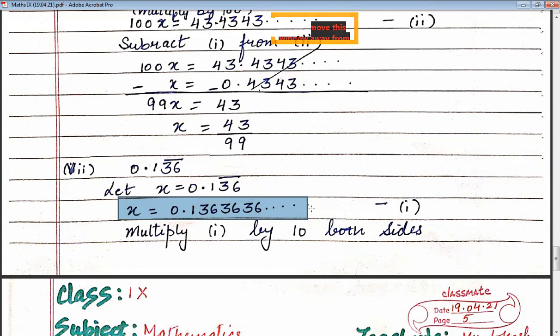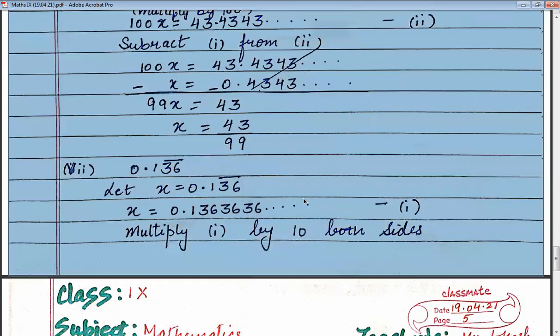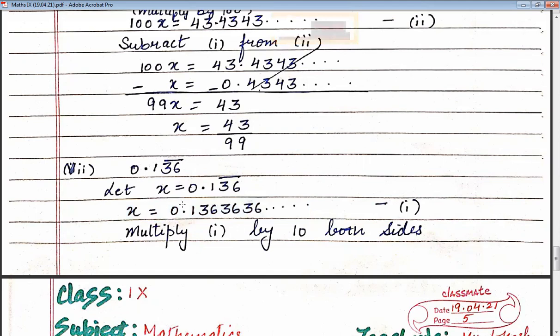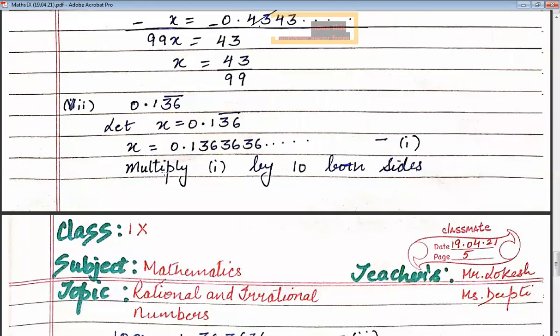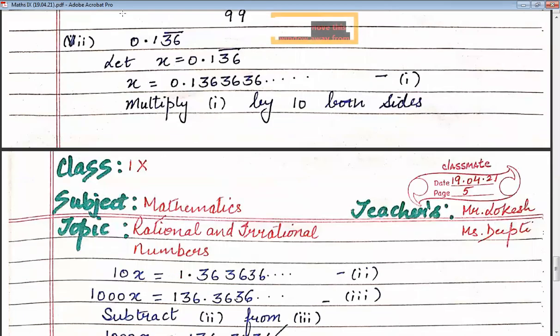Now children, in this question, first let's get rid of this 1. So now let's multiply both the sides by 10. When you multiply both sides by 10, your left hand side will become 10x, while when you multiply on the right hand side, your decimal will shift one place.